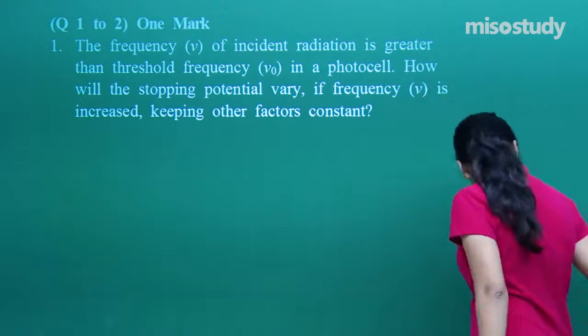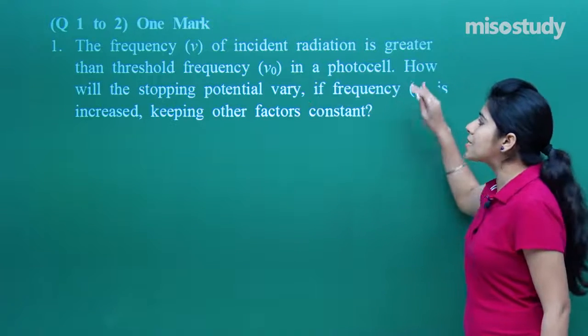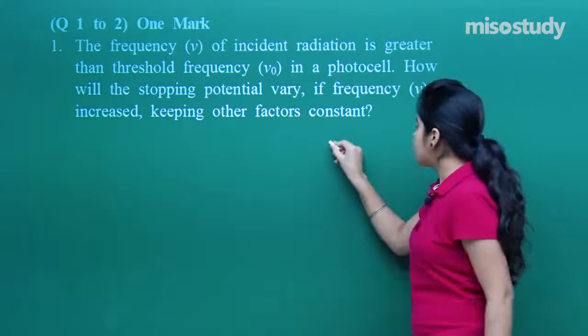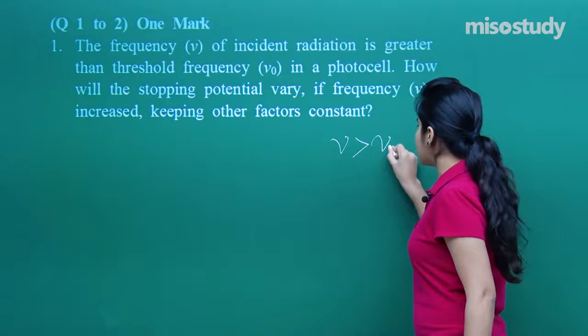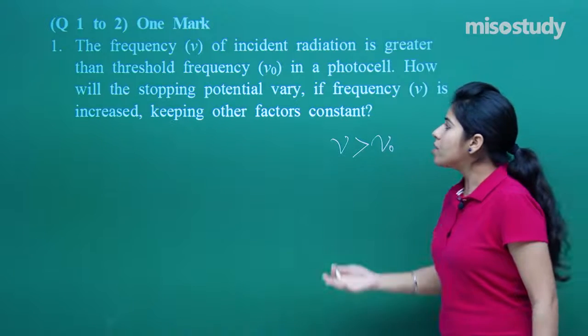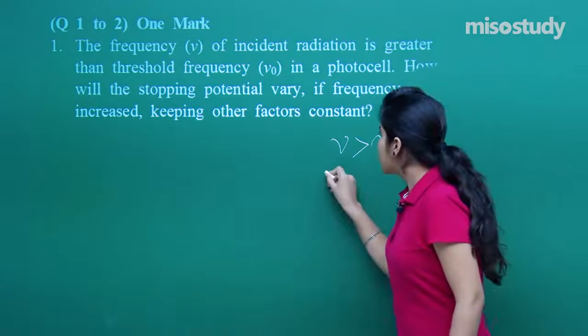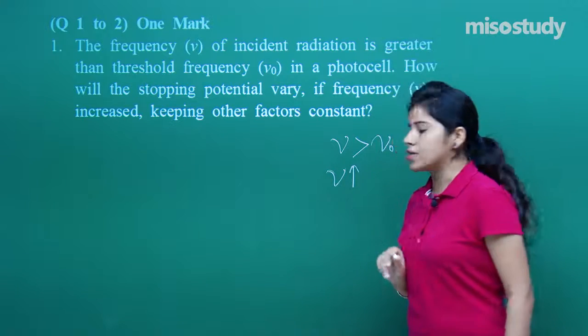First, read out the question: the frequency of incident radiation is greater than the threshold frequency in a photocell. Then how will the stopping potential vary if the frequency is increased, keeping other factors constant?